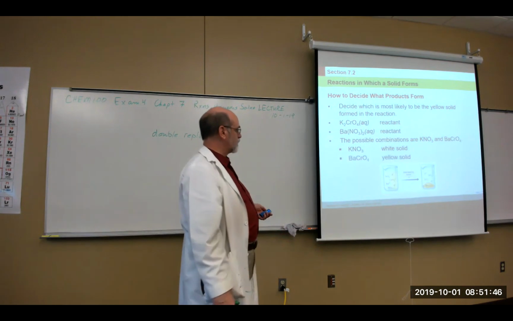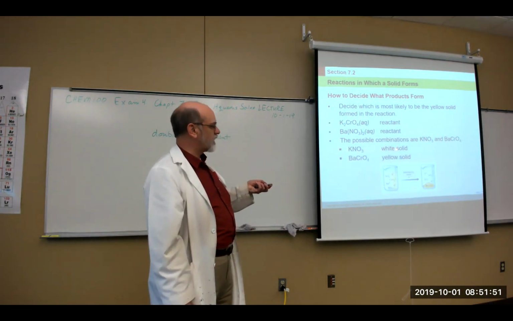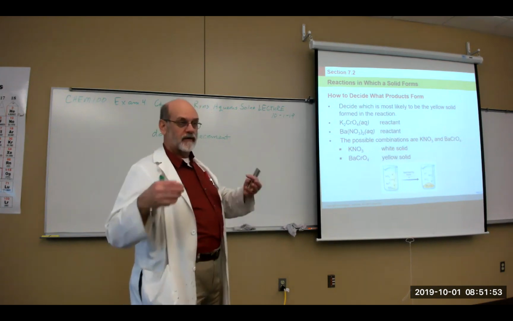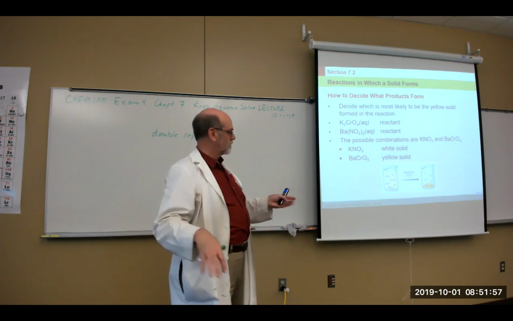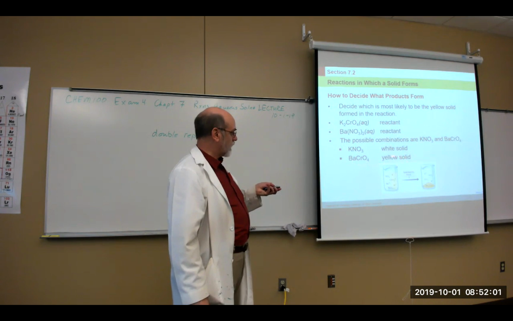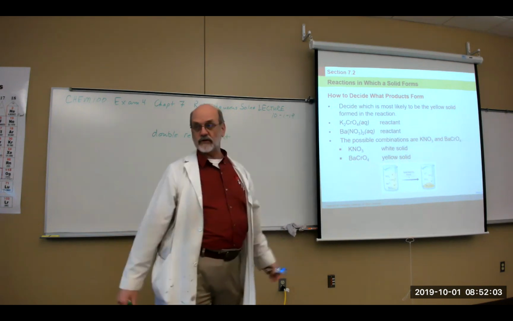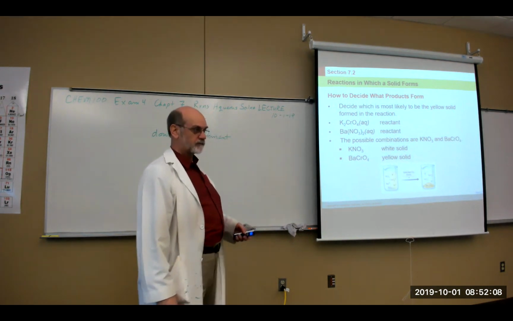But once you put it in solution, it's only a white solid if you evaporate all the water. But as long as it's in the water, you can't tell, it's dissolved, right? But barium chromate forms a yellow solid, even in the solution, because it's insoluble in water at that point.